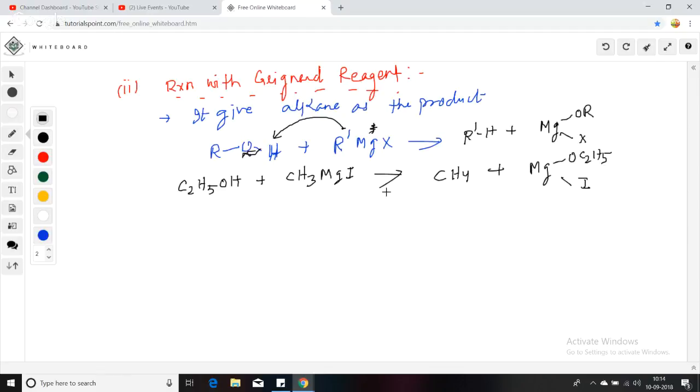So the alkyl group of Grignard reagent takes the hydrogen atom of alcohol, and that is why the reaction goes like this. So these are the reactions which follow the cleavage of the OH bond of alcohol. Now the second type of reaction we have is this.